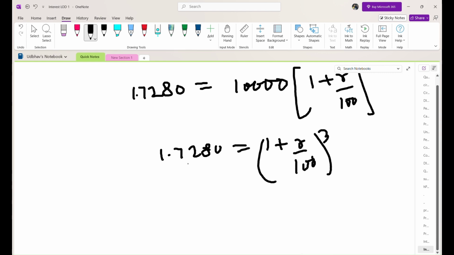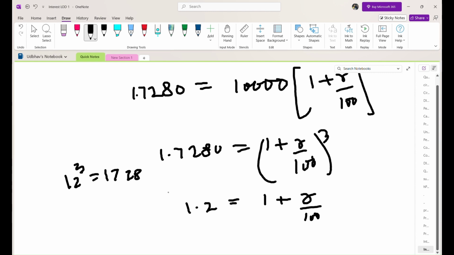So the cube root of 1.7280 will be 1.2. 1.2 equals 1 plus R upon 100, because 12 cube equals 1728.